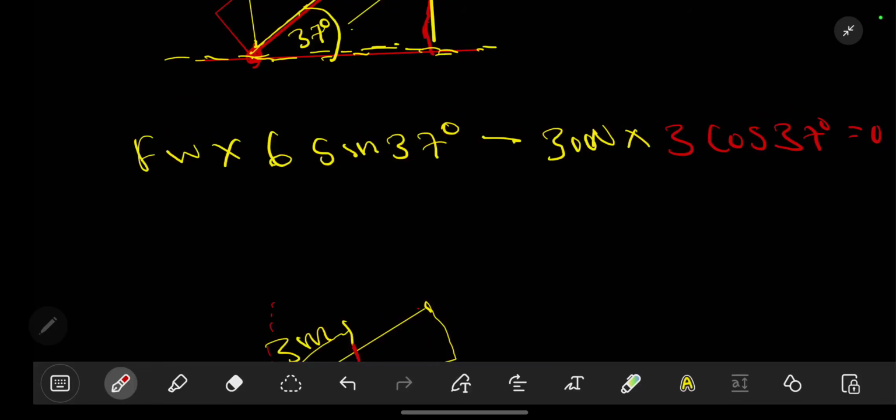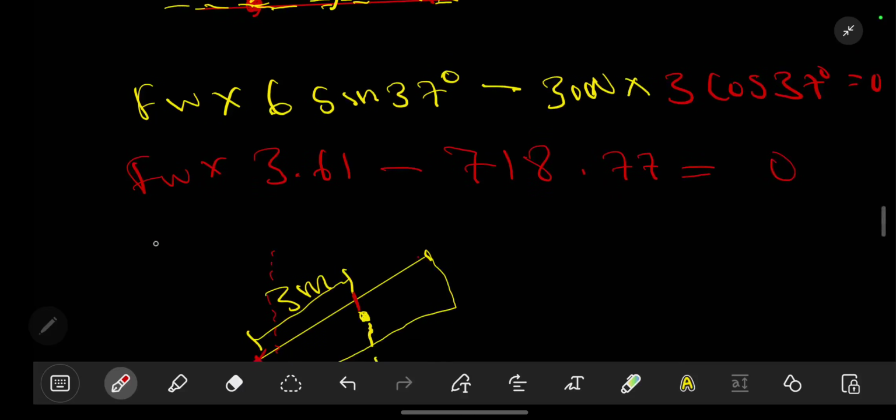So we have our 6 sine of 37. This will give us a value of, so we have our FW times our 3.61. Then we have minus our 300 times 3 cos of 37. This is going to give us a value of 718.77, should be equal to 0. So this will give us our FW times our 3.61. Let me just move this.